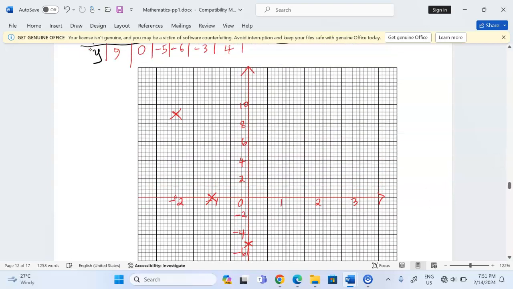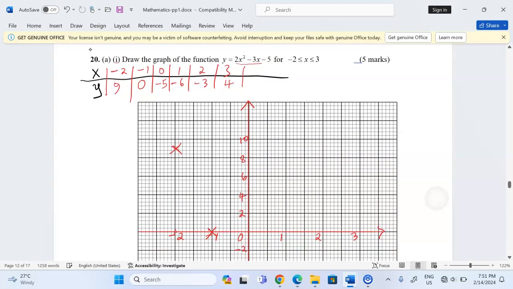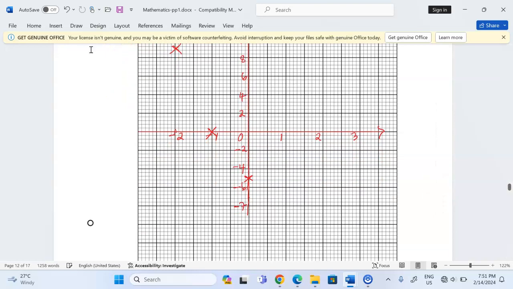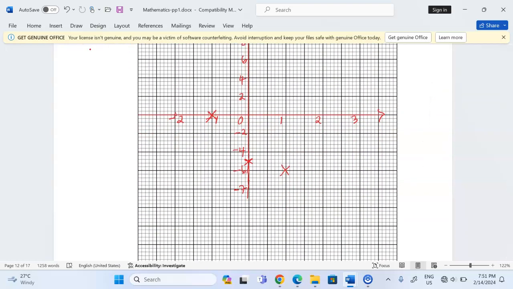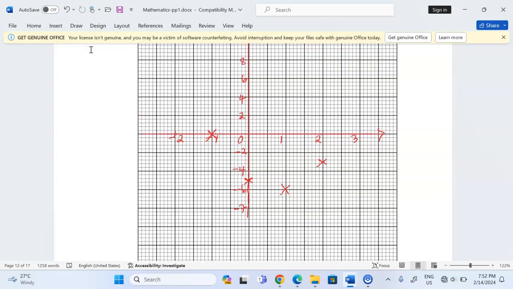Then 1, -6 is the coordinate at that point. We have 2, -3, which will be a coordinate at this point.